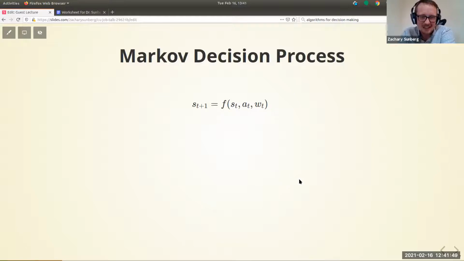You have a state at time t+1 that is some function of the state at time t, an action at time t, and some noise, w_t. So this means that there are some dynamics that you know, but there's also this noise, which is aleatory uncertainty, assuming that all w_t are independent, that flows into your system.